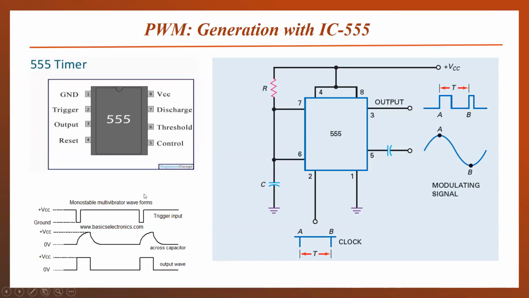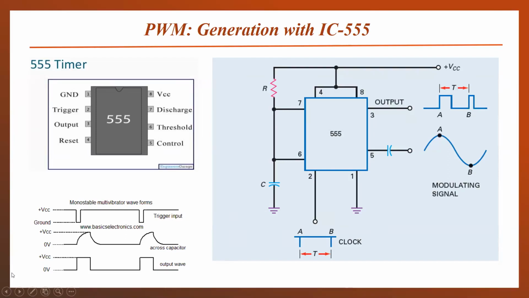You can see the monostable multivibrator waveforms. Firstly, it was in the stable state. The stable state was its plus VCC. Then it was triggered, and the negative triggering comes, and then the capacitor starts charging. How much time the capacitor will charge will be decided through a comparator which will compare the VCC signal with the modulating signal.